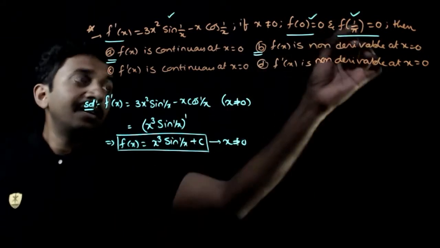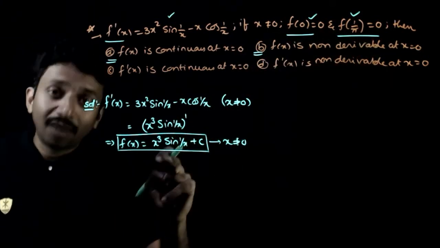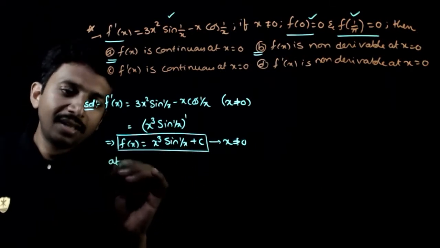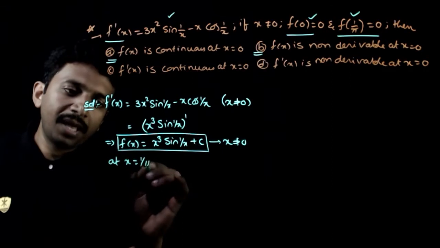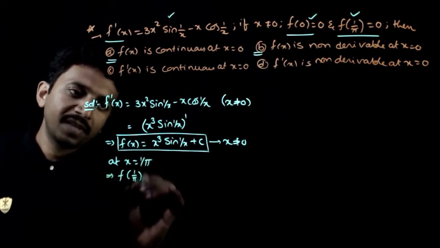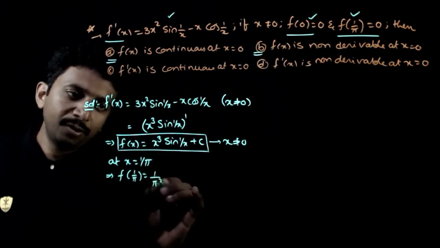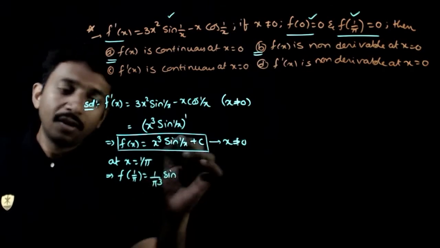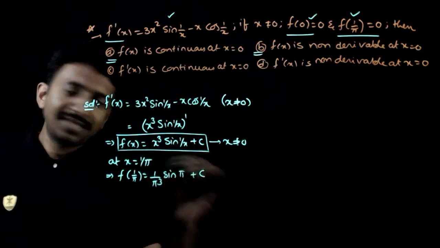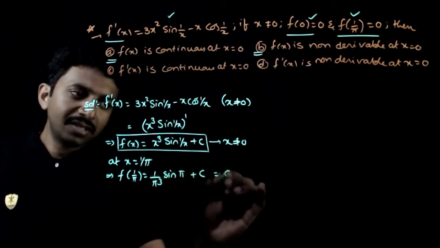But f of 1 by pi is equal to 0 दिया, वहाँ से I can find the integration constant. So at x is equal to 1 by pi, f of 1 by pi is equal to 1 by pi cube into sine of 1 by x, 1 by pi is sine pi, plus c, that is equal to, sine pi is 0, equal to c.